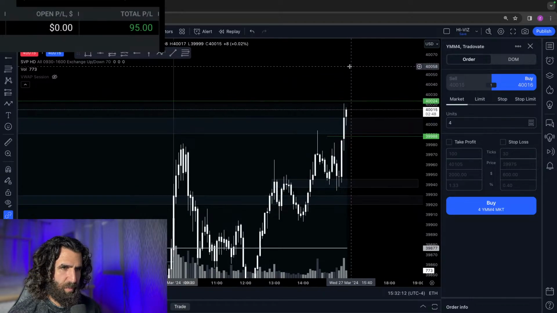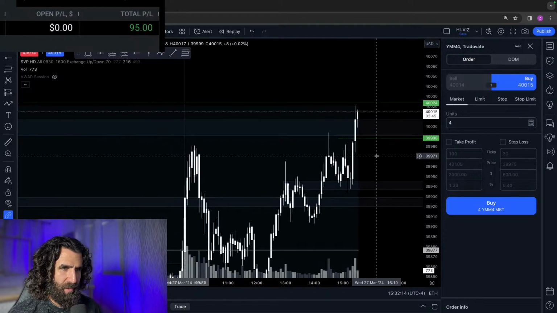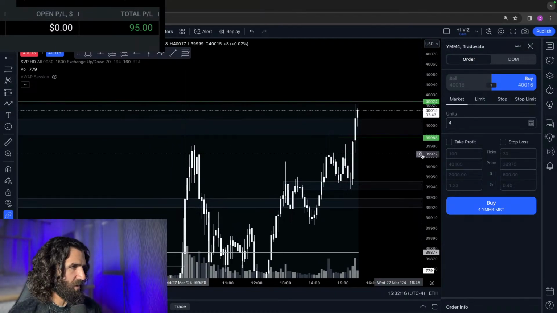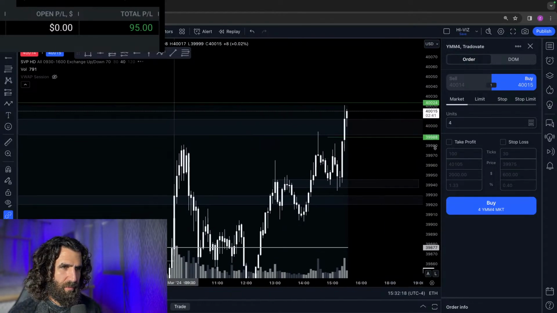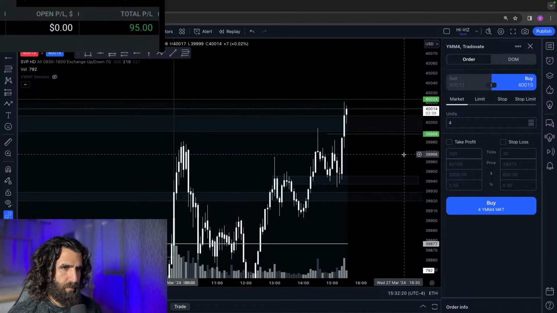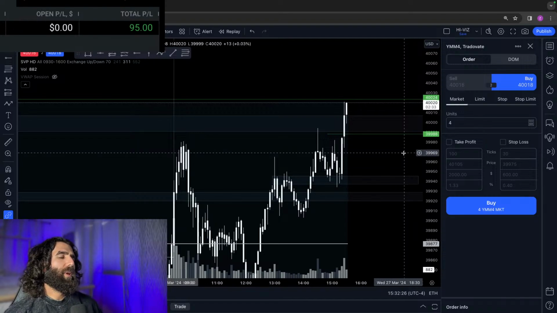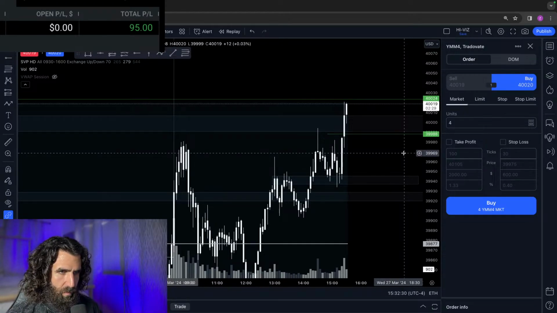This didn't continue its push like this one did right here. So closed out a little bit of profit here. I would like to end on more than $100, near the break-even level, but we won't be greedy. We'll just trade the market.